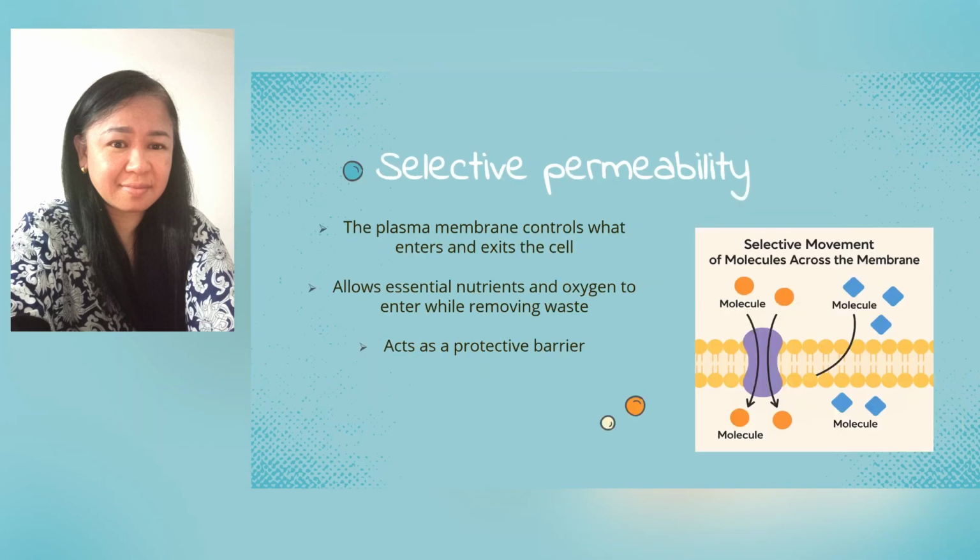The selective permeability: the plasma membrane controls what enters and exits the cell, allowing essential nutrients and oxygen to enter while removing waste, and acting as a protective barrier.